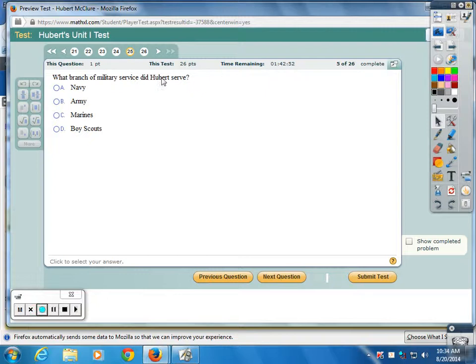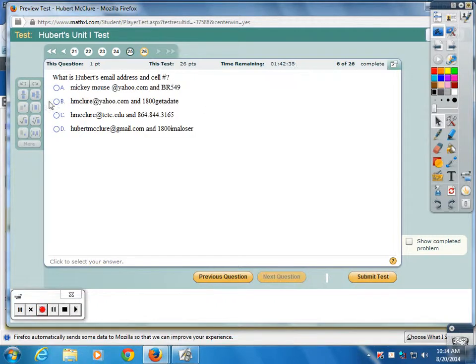Which branch of the military did Hubert serve? Thank you. I'd rather you put Boy Scouts or Navy than Army. In fact, I'm going to take Army off because people put that and that just irritates me. Here is the one that is so funny. This is the one that people miss and I don't know why. What is Hubert's email address and cell number?